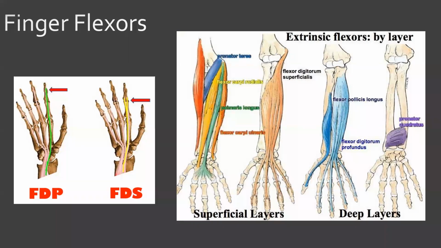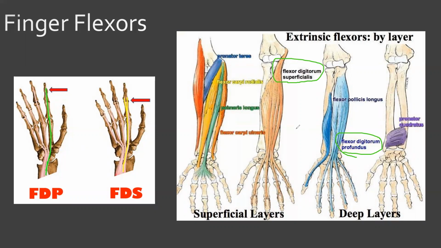So in the case of the fingers, for example, flexor digitorum superficialis and then flexor digitorum profundus. Both of these are finger flexors, but superficialis is only going to end at the PIP joint. So it does not cross over to DIP, meaning it's going to end at that second knuckle.